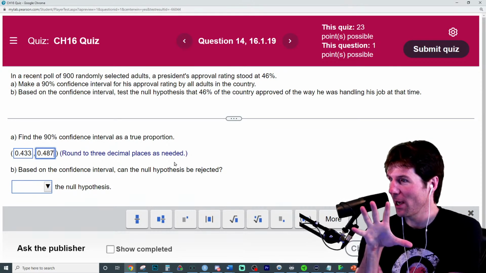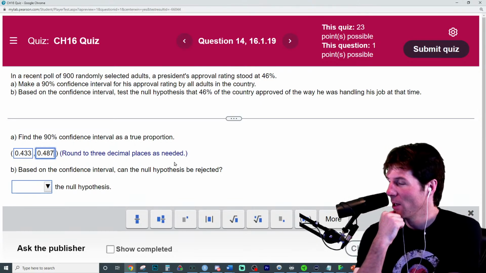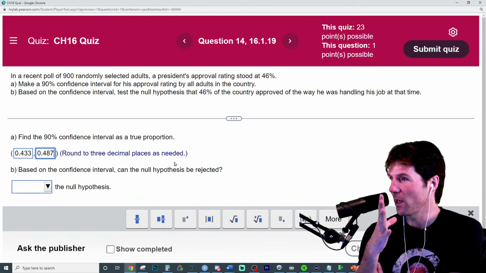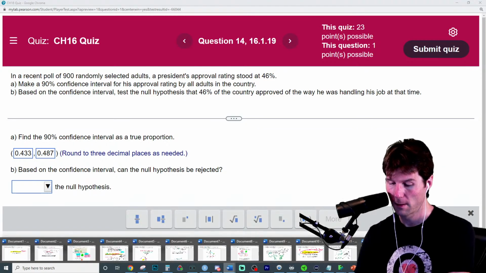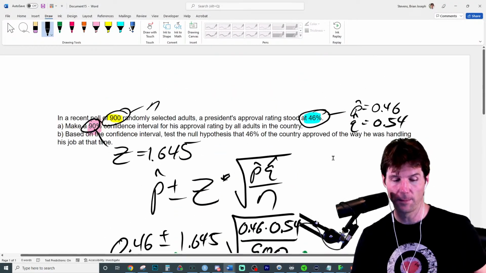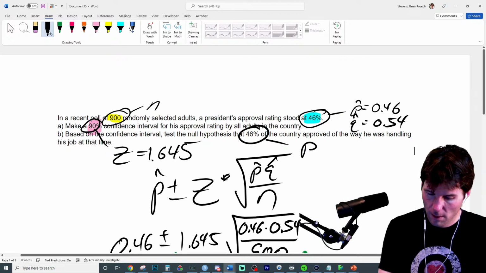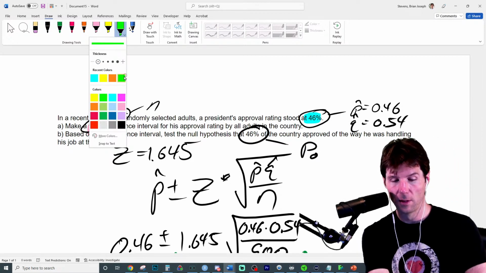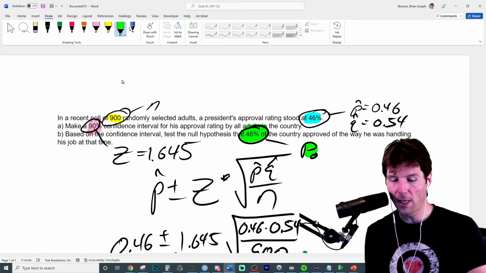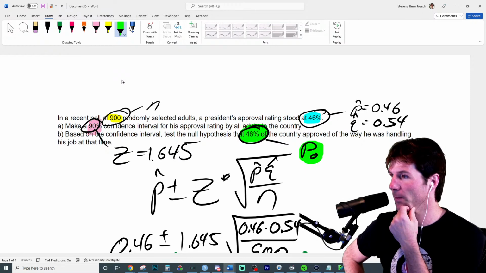So their hypothesized value, this is the way random questions can generate sometimes. Their hypothesized value is what? Now, if you look at this question, it might seem a little confusing, because if I'm reading it properly, that is their hypothesized value. That is not their sample value. This is what they are hypothesizing. It's the same as what we saw in the sample.